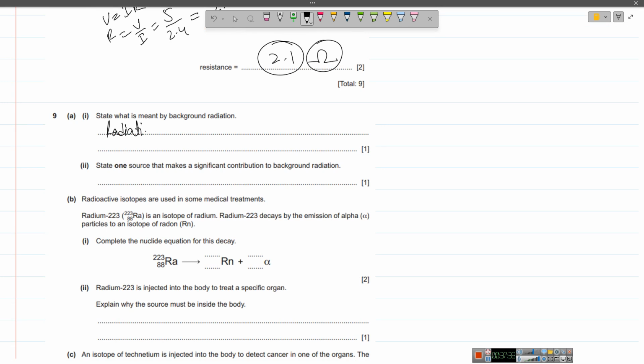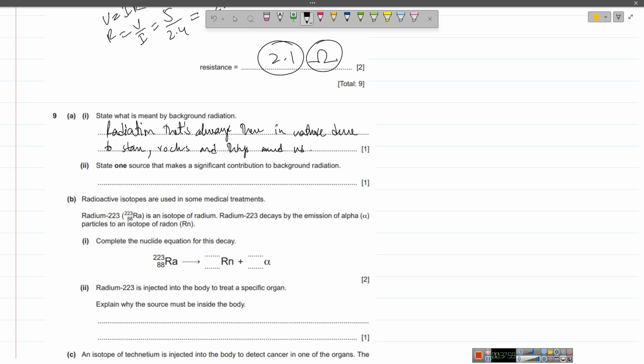State what is meant by background radiation. Radiation that's always there in nature due to stars, rocks, and things around us, right, which are radiating.